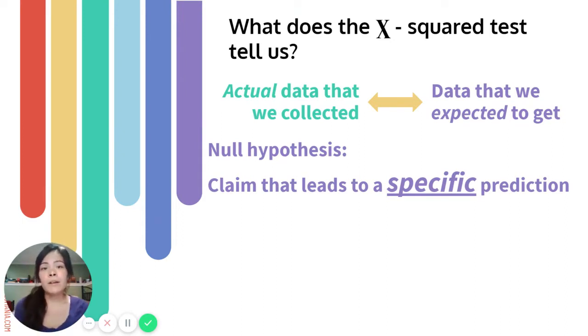But it can't be a null hypothesis because it doesn't let us make specific predictions about our outcomes. So yes, we would maybe get more heads than tails, but we need to be able to say exactly how many heads and exactly how many tails in order for it to be a good null hypothesis.